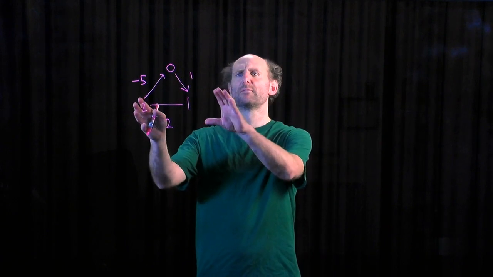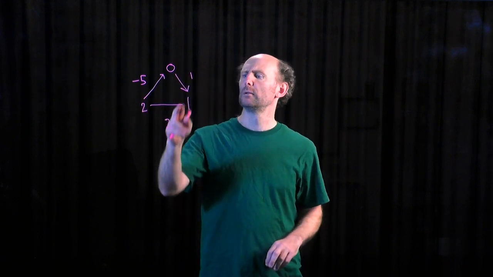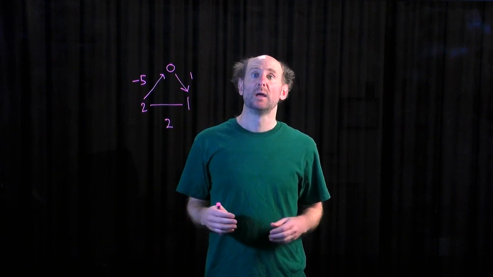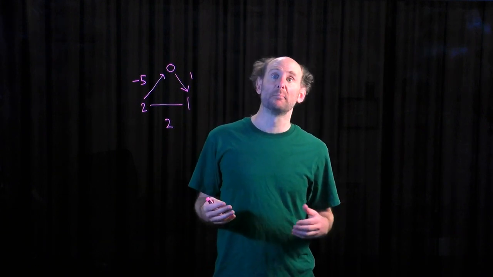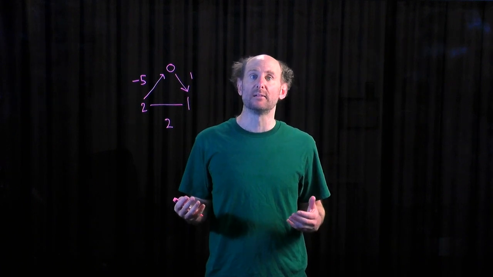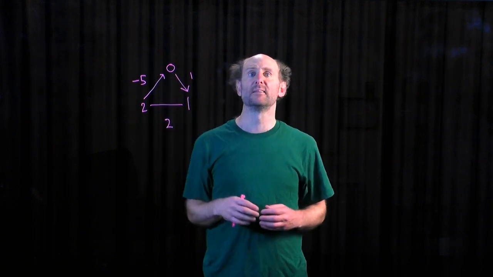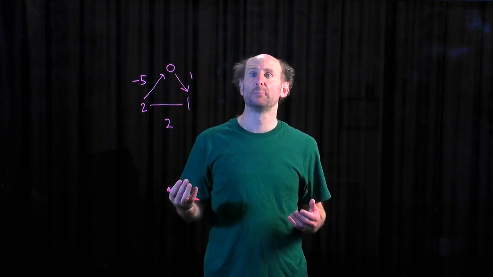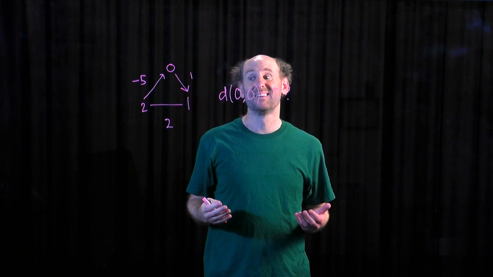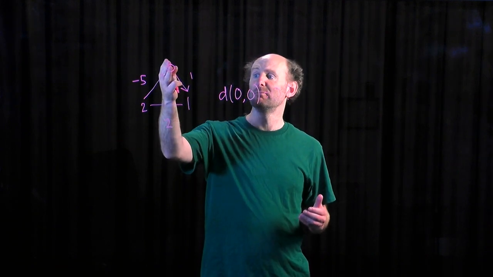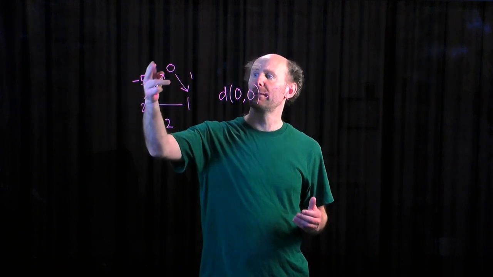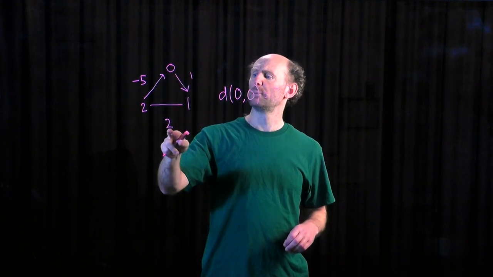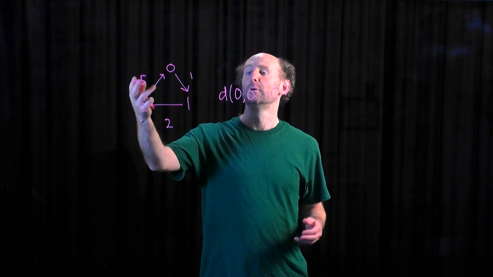So the weight of this cycle is 1 plus 2 minus 5, which is negative 2. And we can see that the idea of the minimum weight path here makes no sense. So we'd expect the distance of the node from 0 to itself to be 0. But let's notice that we can take a trip around the cycle and get a walk of distance 1 plus 2 minus 5, which is minus 2.